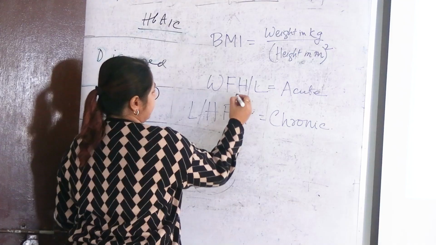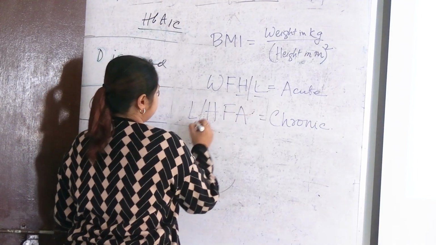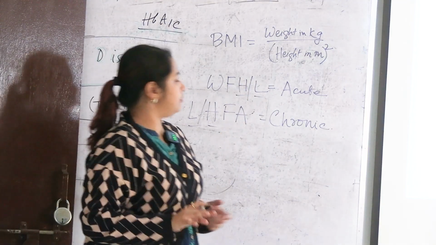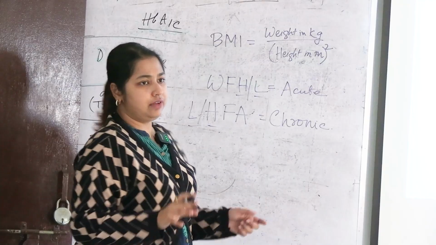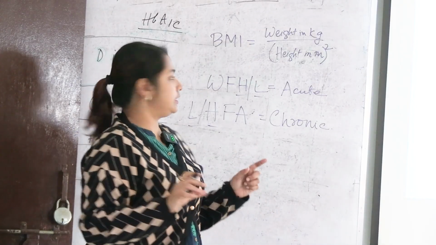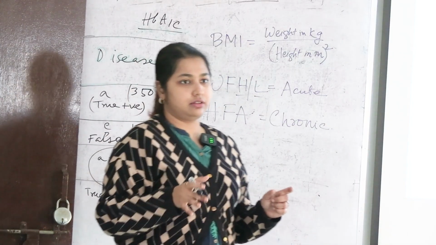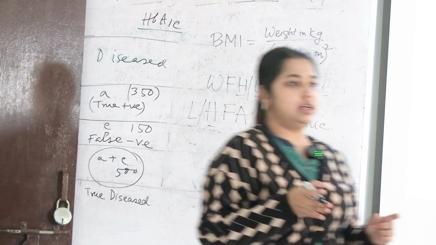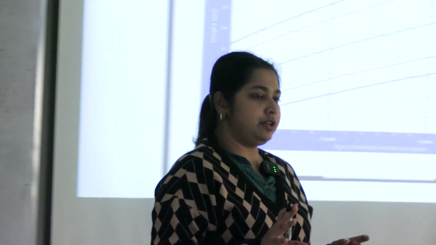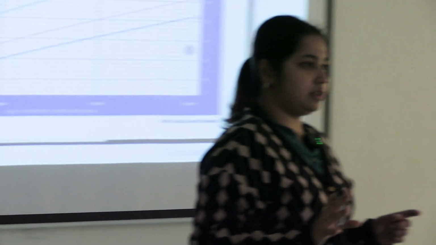Why am I saying height and sometimes length? Here it is written only height, but for 0 to 5 years in the chart you will find it written height/length, because below 2 years a child usually has only length, not height. The child is assumed to be not standing upright at that time, so the child is made to lie down and then measured between 2 boards to get the length.